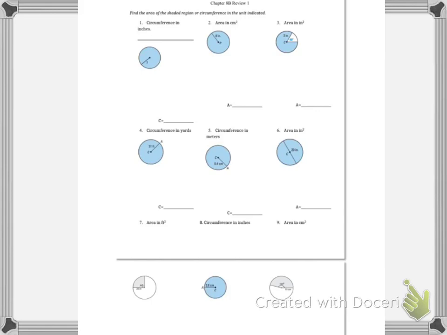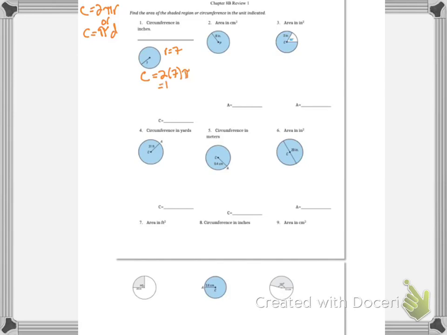So remember, circumference has two formulas. Circumference is 2 pi r, or it's the same thing as circumference equals pi d. So if we want to find circumference in inches here, it's a little hard to see, but that number is a 7. So here your r equals 7. So circumference equals 2 times 7 pi.